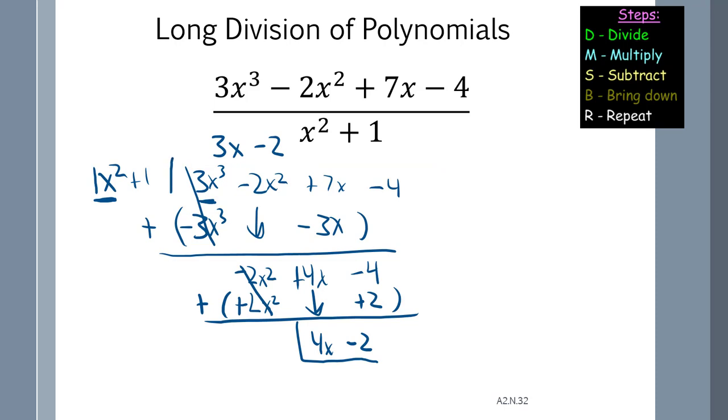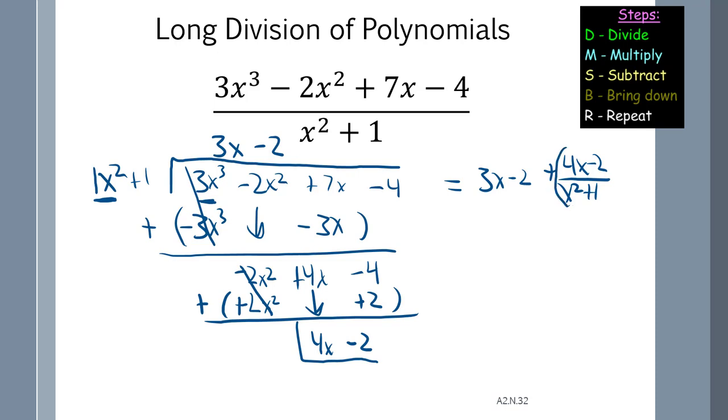Sorry, I wanted to make this a little bit shorter so it's not too long. So the actual answer for this one is 3x minus 2, and then we've still got positive 4x minus 2, but that is still being divided by x squared plus 1.